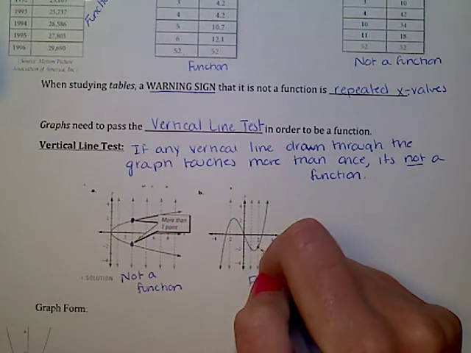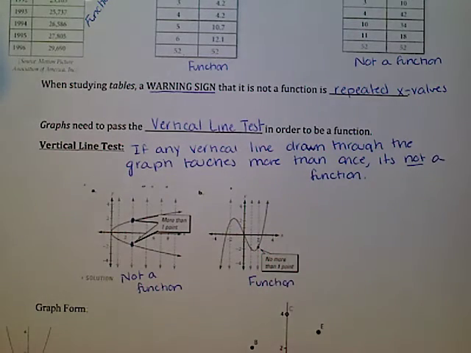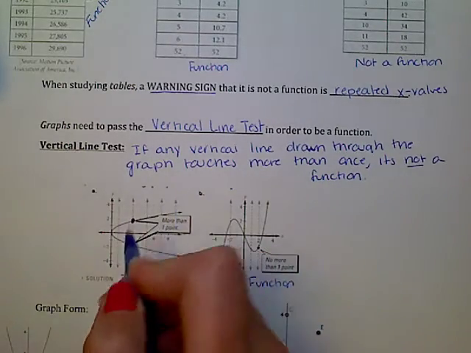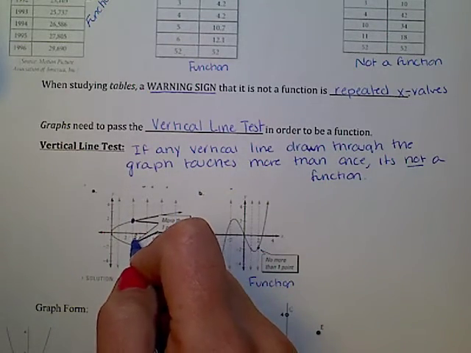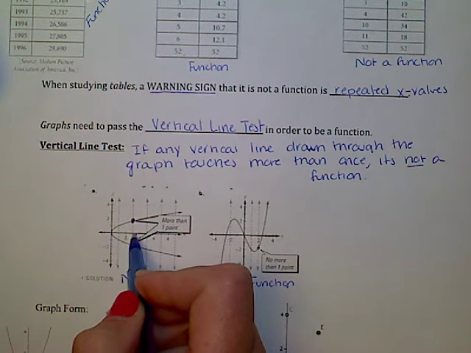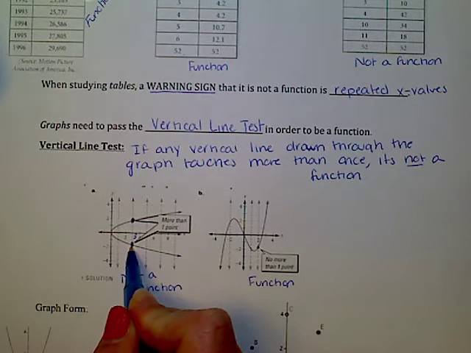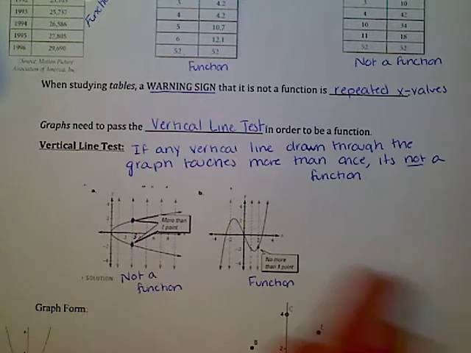It's a function. What's happening on this particular one that's not a function is, if you think about it, you have an x value of 3 right here. It is paired with a y value of 2 and a y value of negative 2. So one x value is paired with two different y values. That's not okay. That's why that vertical line test actually works.